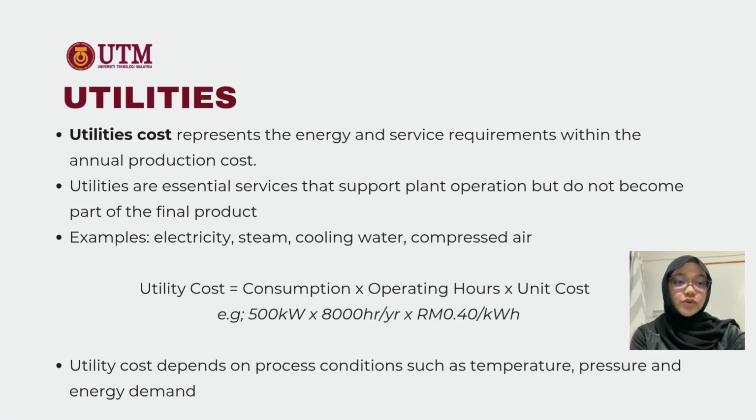In order to calculate utility cost, we multiply consumption, operating hours, and unit cost. For example, 500 kilowatts multiplied by 8,000 hours per year multiplied by 40 cents per kilowatt-hour. So utility cost actually depends on the process conditions such as temperature, pressure, and energy demand.